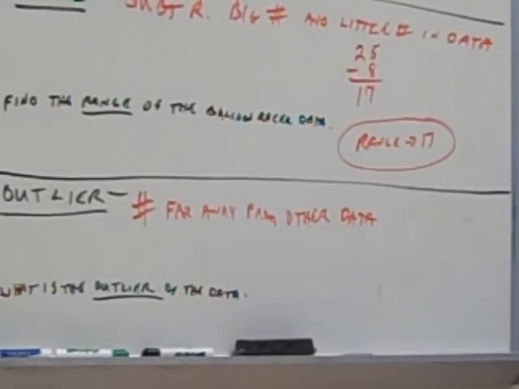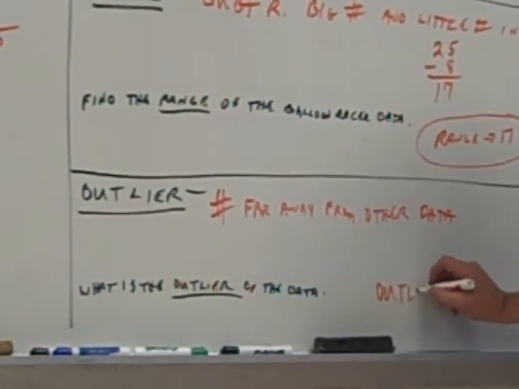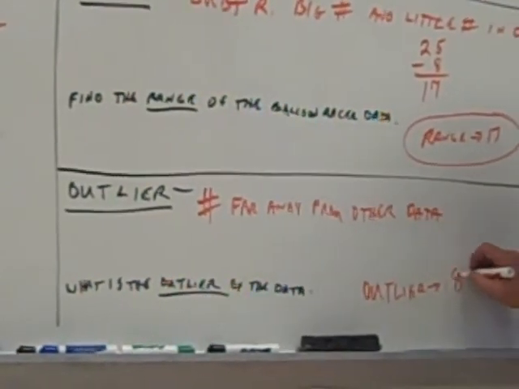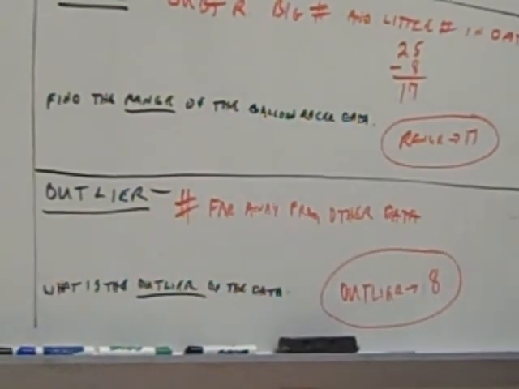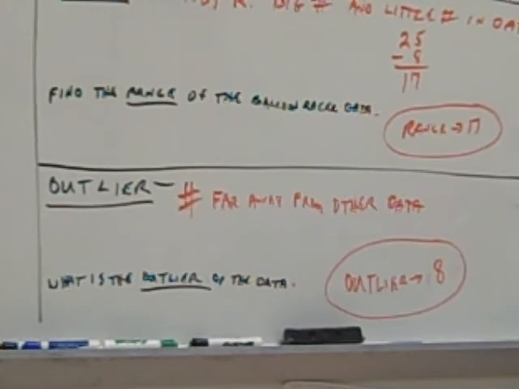The outlier is the number that's far away from the other data, and in our example, the outlier is 8. It kind of messes up our data because all the other ones are in the teens and 20s.